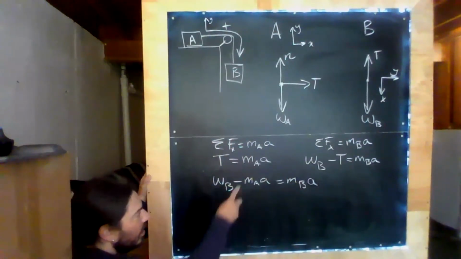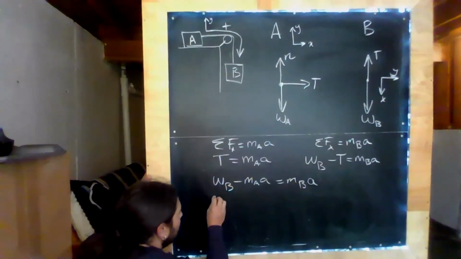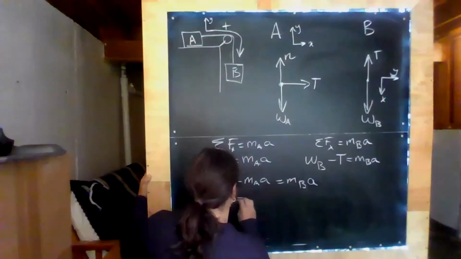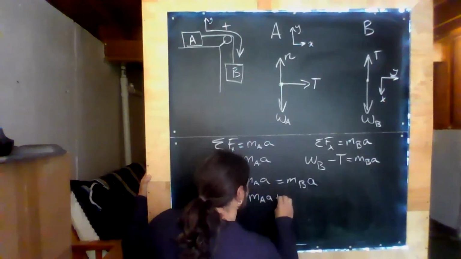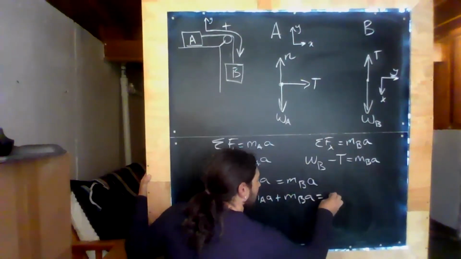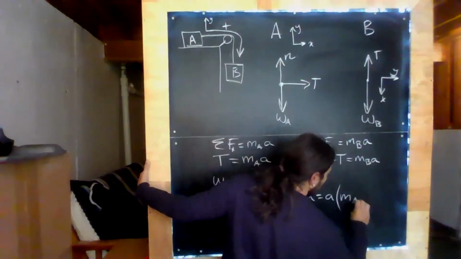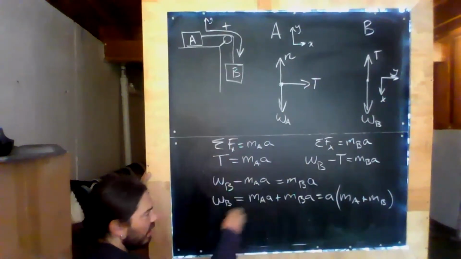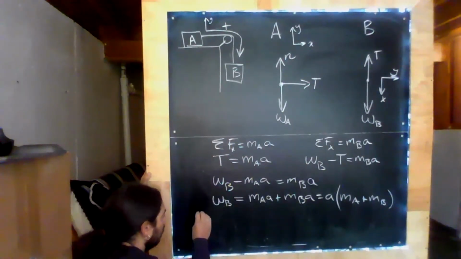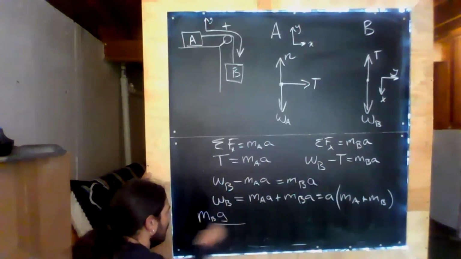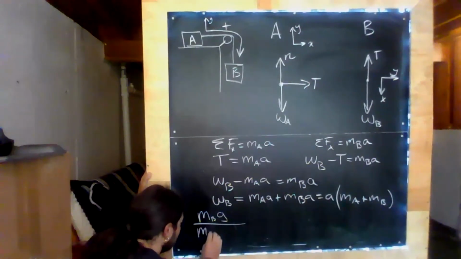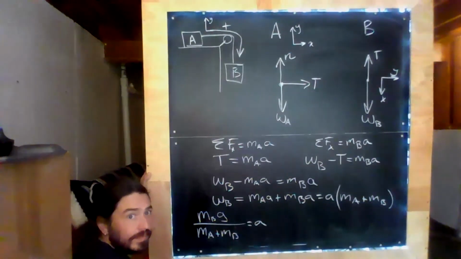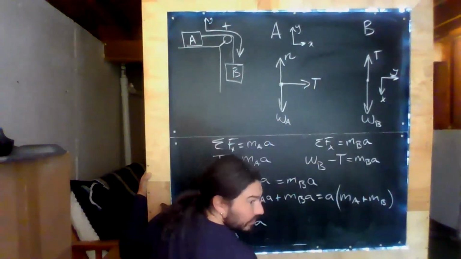And now I can solve for A. Bring this term over and factor out the A. Factored out my A, and now I'll divide by the leftovers. W_B, you'll recall, is mass of B times g, divided by the sum of the masses, that equals A. Great, now I can plug in my numbers.